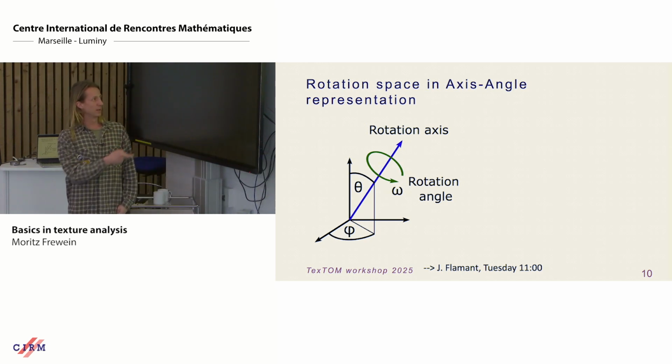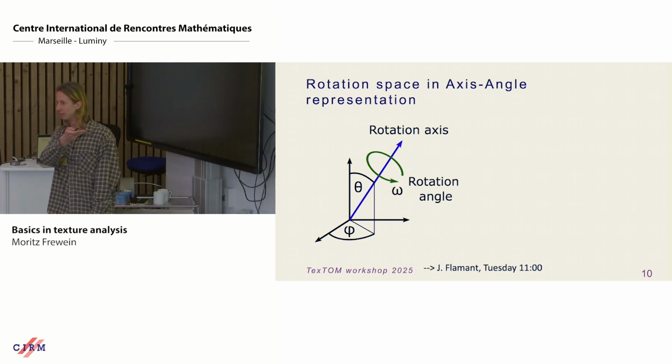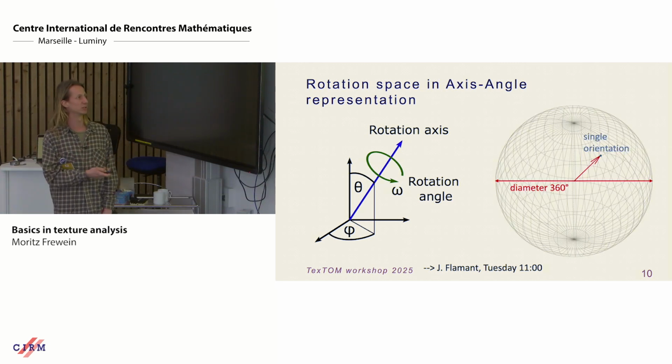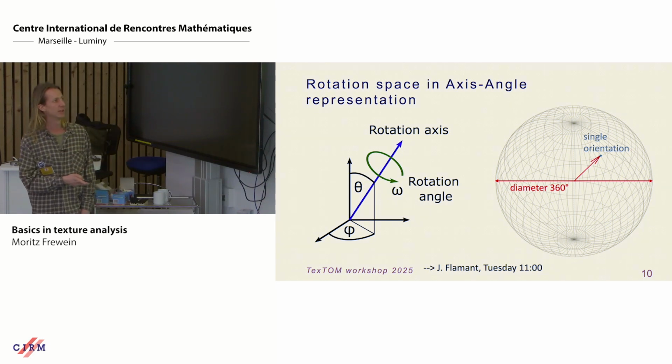So if we know how we parameterize our orientations, we can define the orientation space. So all possible orientations for this kind of object. And it turns out to be a sphere because we will define a point, for example, here.